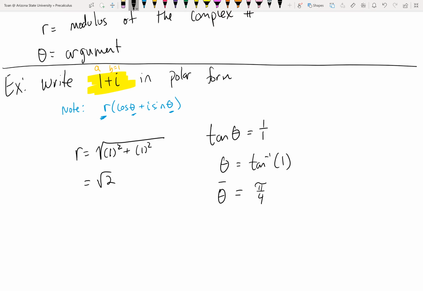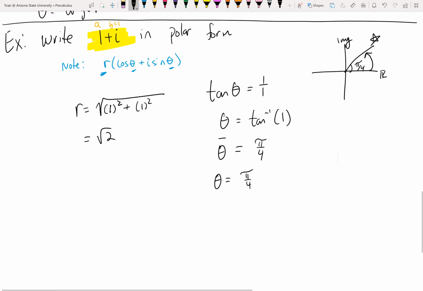So what quadrant has positive reals and positive imaginary? You're in the first quadrant. So if you put your reference angle of pi fourths in the first quadrant, your actual angle will be the same. So there we have it.